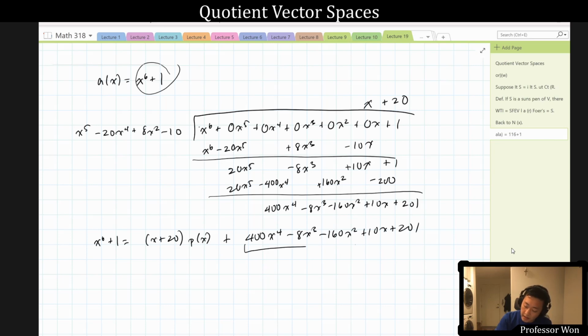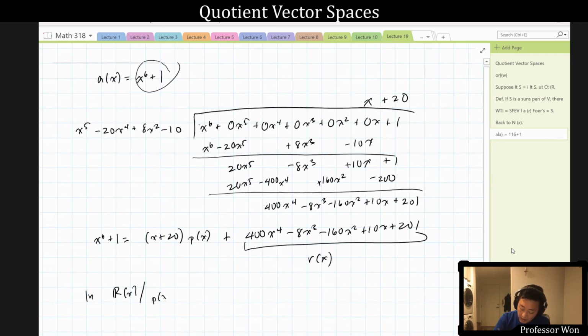Right, this thing is the remainder. And so in the quotient space, you have that x to the 6 plus 1 is congruent to r of x modulo p.